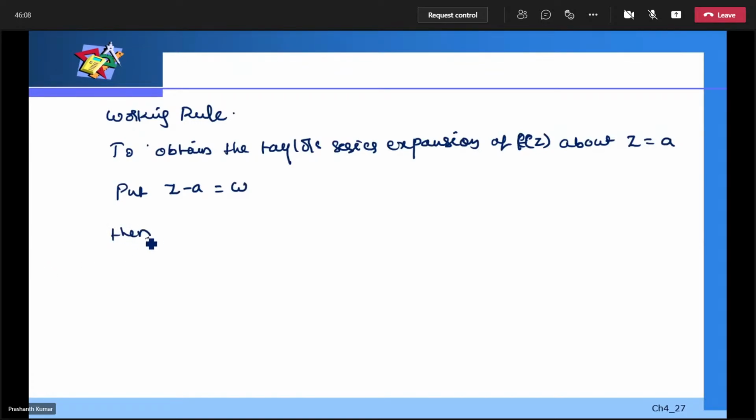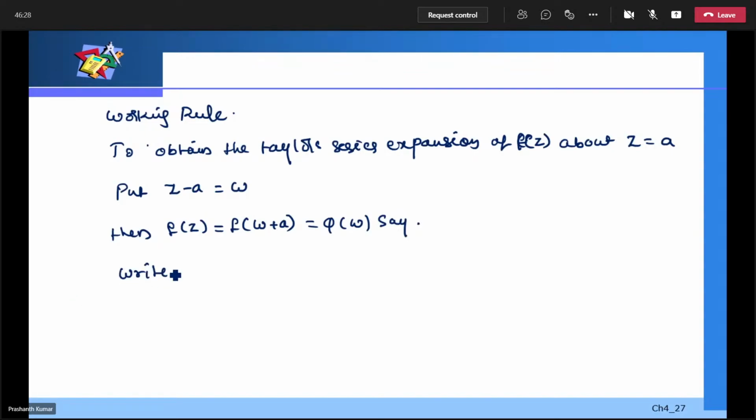Then f of z is equal to f of w plus a, which is equal to phi of w.